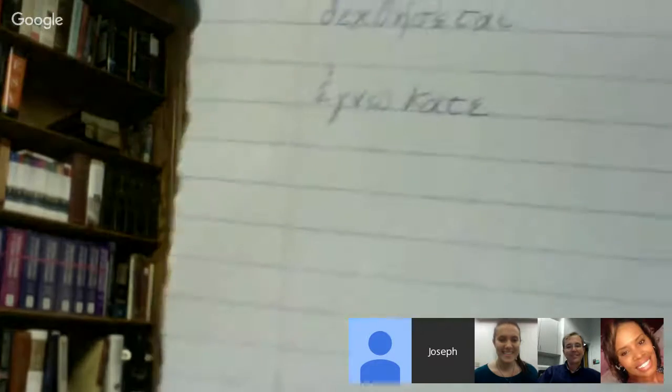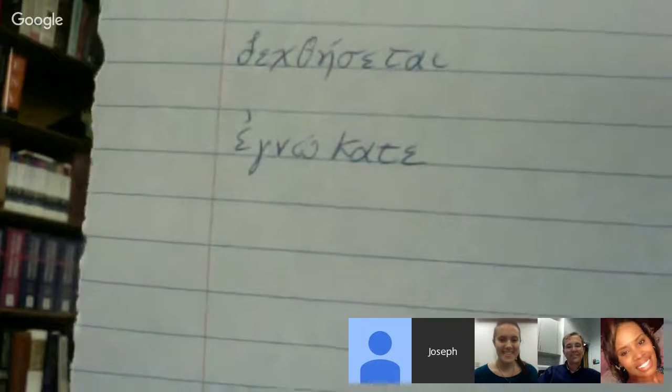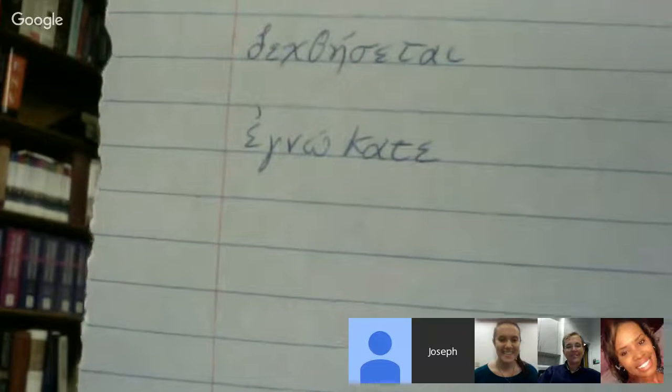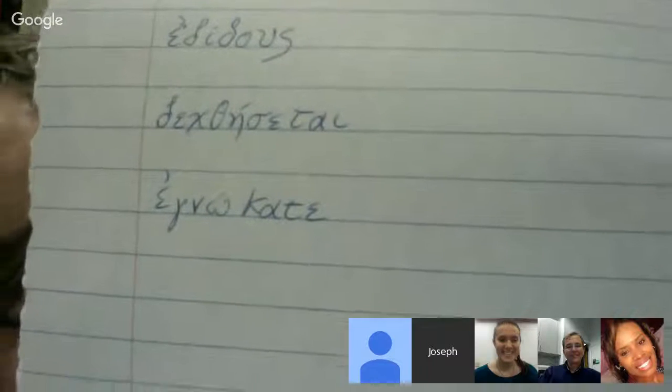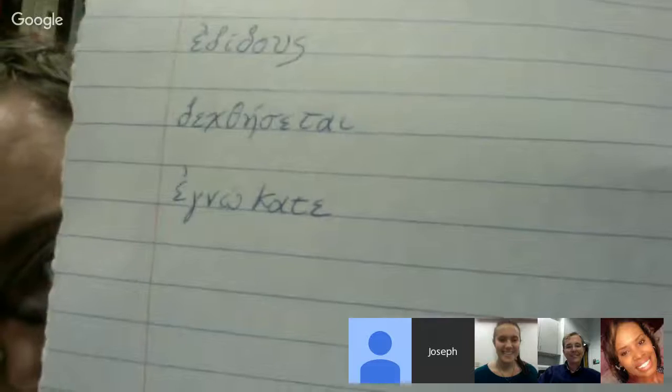So this is vocalic reduplication, and it's egno. So this is a reduplication, even though it looks like an augment. This is just how ginosko reduplicates. Wow, so it's perfect. So this is a perfect active indicative second plural from ginosko. That's a tough one. That's one you need to get in your head.